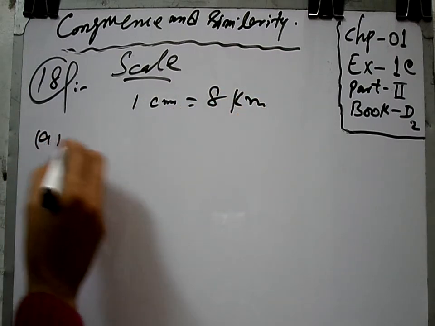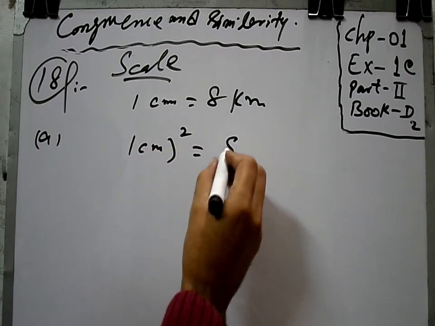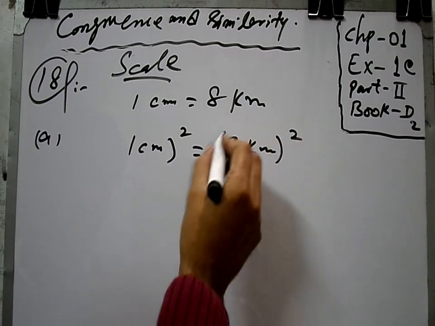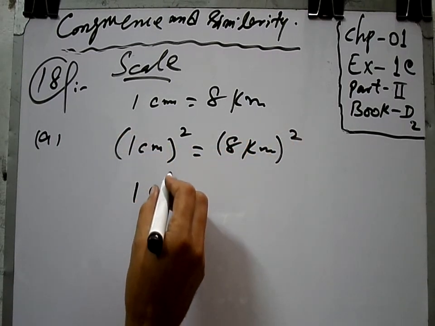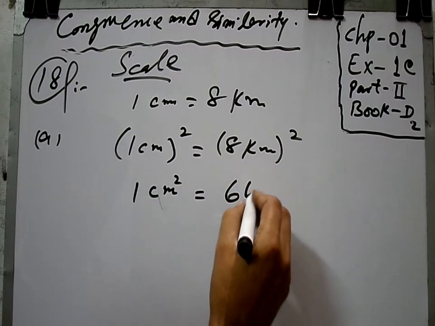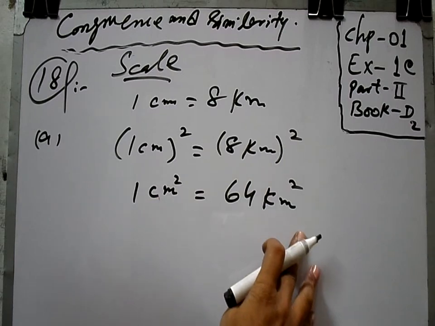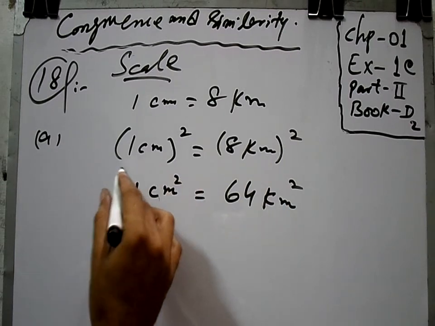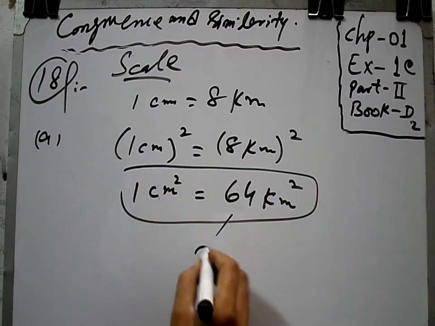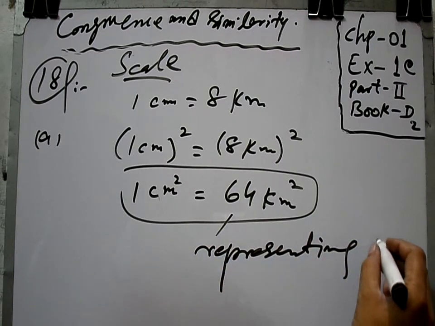So in part A, taking the square of both sides because the area is always measured in square, we need the scale in centimeters square, so that's why we have to convert into square form. So this 1 centimeter is actually representing 8 kilometers on the map.